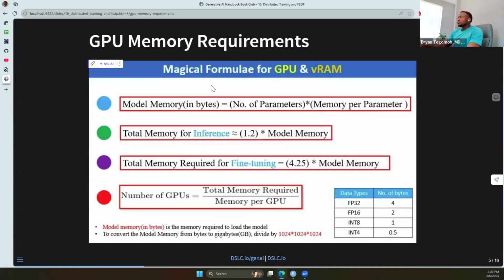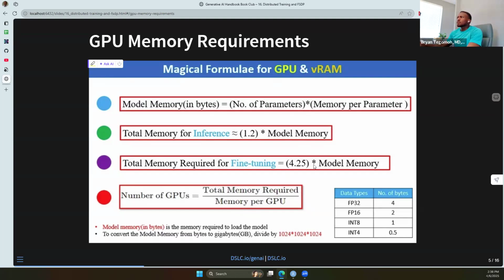Then GPU requirements. Here I'm just trying to illustrate the memory needs. Models quickly exceed the available GPU memory, which makes distributed solutions really essential. Here I found a formula for calculating how many GPUs might be needed, which is equal to the total memory required divided by the memory per GPU.